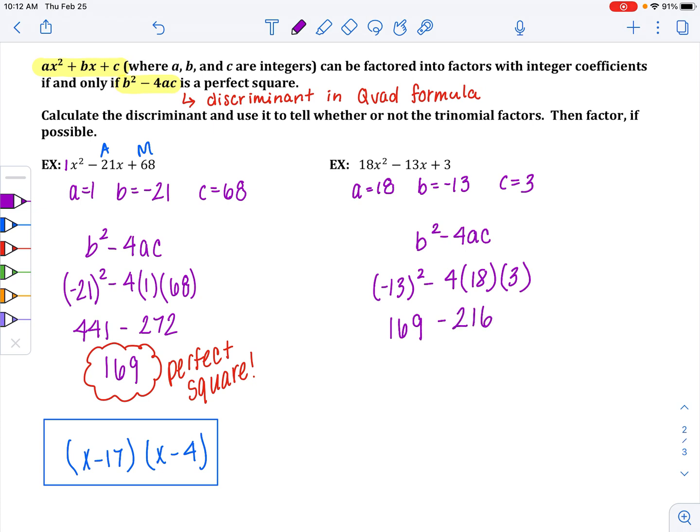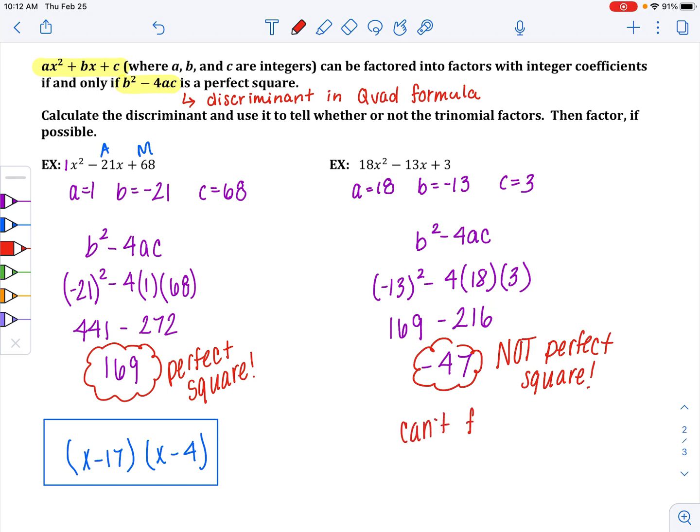Minus 216. So you'll actually get a negative 47. Not a perfect square. So looking at this, not a perfect square. So that means you cannot factor. Or you can say what's called prime.